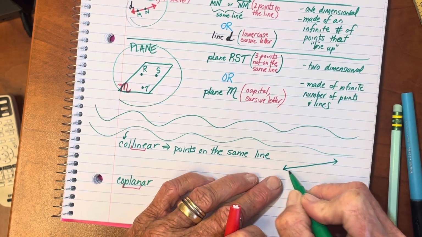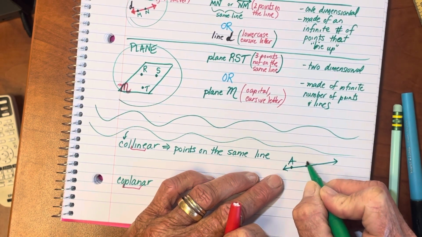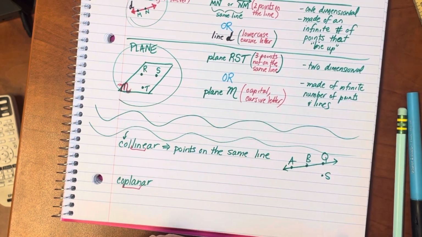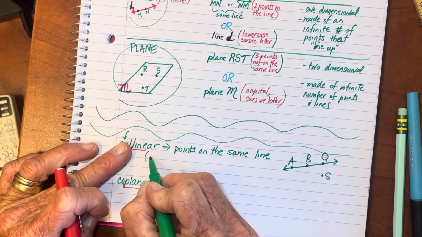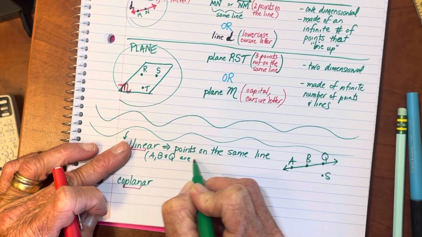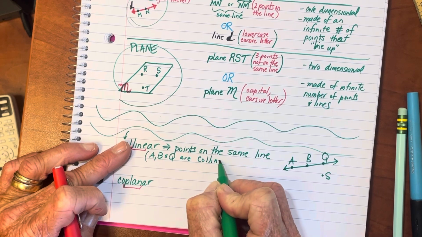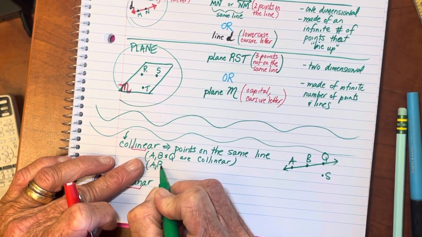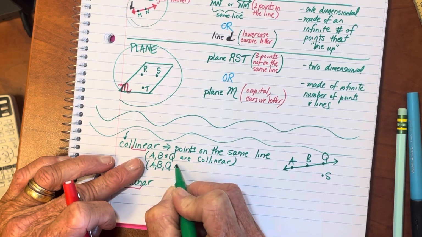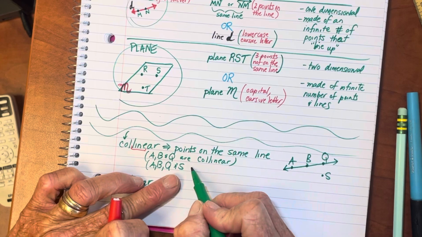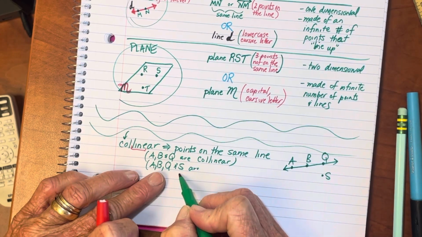Here's a quick example. Got a line, and we have points A, B, and Q, and then we also have point S, okay? We can say A, B, and Q are collinear. They're all on the same line, but we also can say that A, B, Q, and S, all four of those together at the same time, do they lie on the same line?